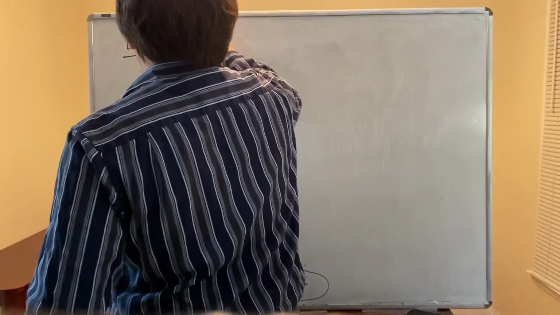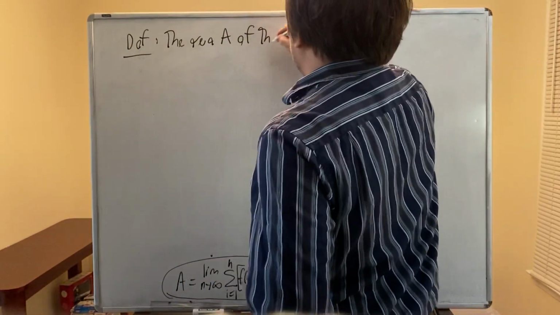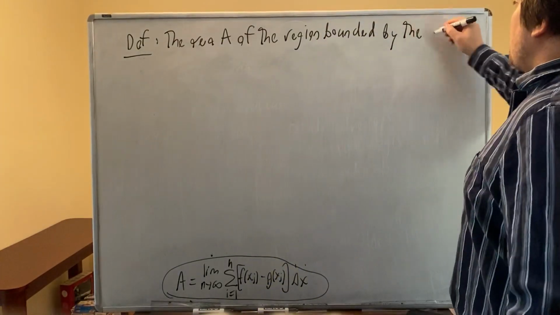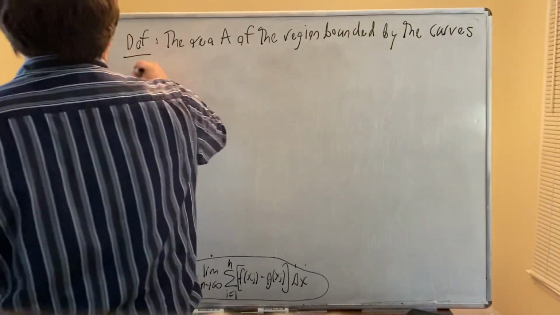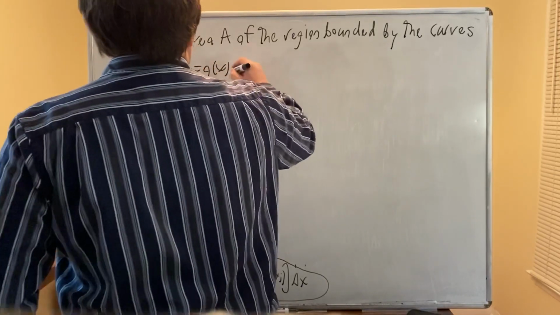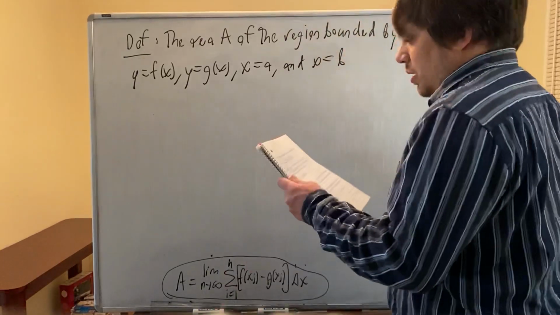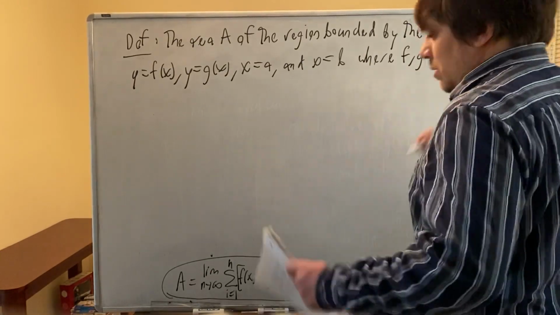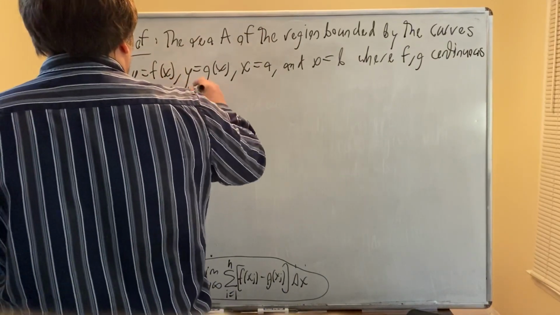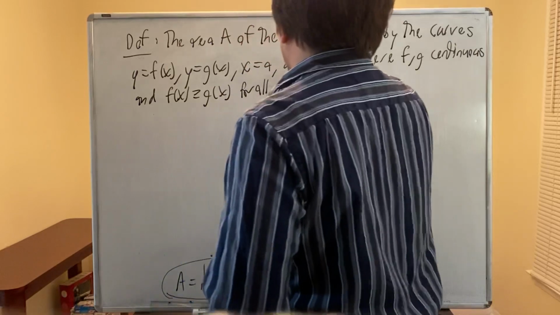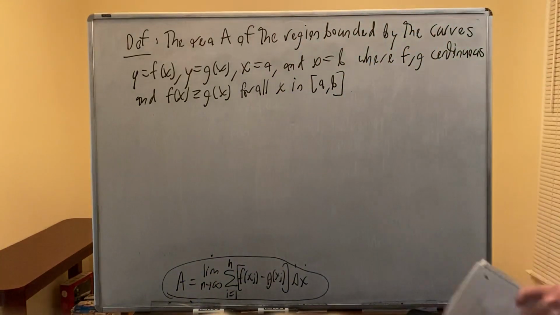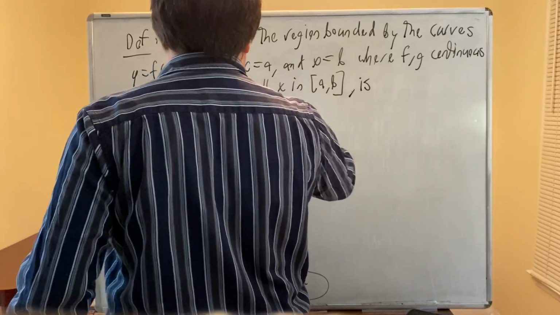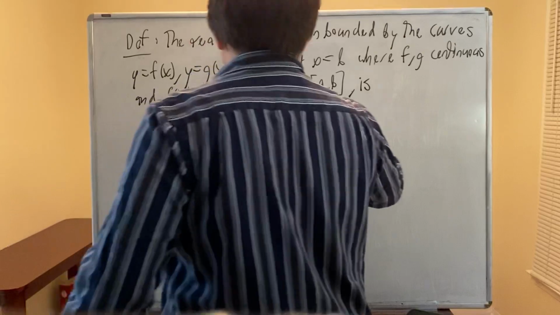The area capital A of the region bounded by the curves y equals f of x, y equals g of x, x equals a, and x equals b, where f and g are continuous, and f of x is greater than or equal to g of x for all x in the finite closed interval [a, b], is capital A, which is equal to the definite integral from a to b of f of x minus g of x dx.